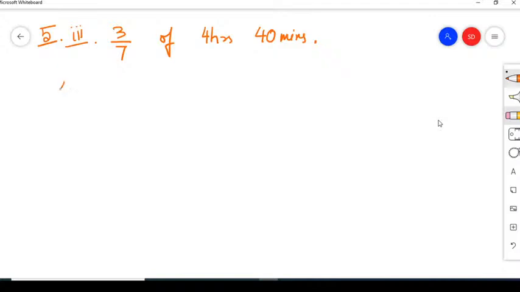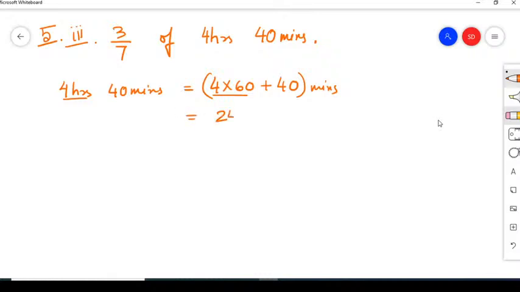Okay, so we will write 4 hours 40 minutes is equal to 4 into 60 plus 40 minutes, right? We converted the hours into minutes by multiplying with 60. So that is 240 plus 40, which is equal to 280 minutes.